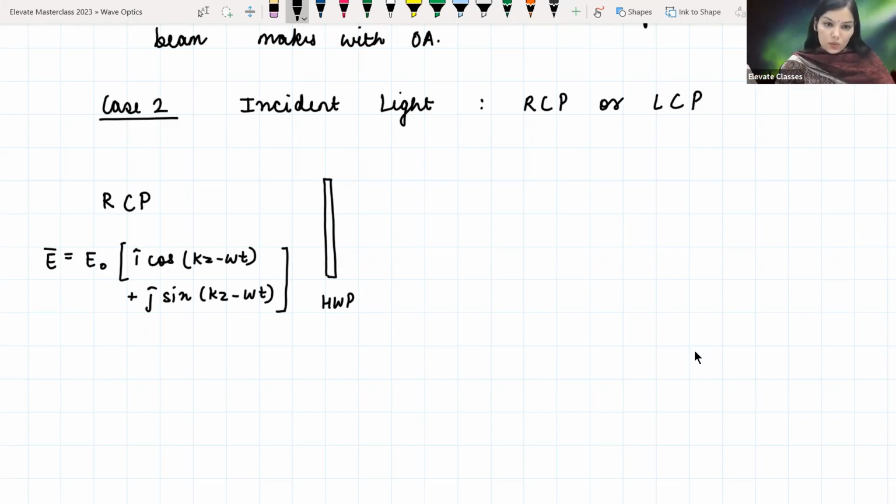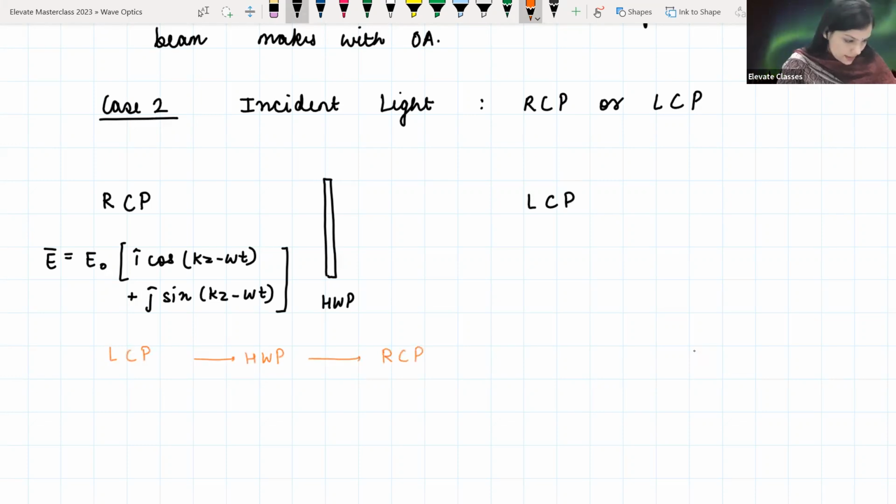Depending on how my optic axis is oriented, I will introduce a phase of pi in one of these components. So what will happen is I will flip the handedness. So if RCP is incident, I will get LCP here. And if LCP is incident on a half wave plate, it will give me RCP.